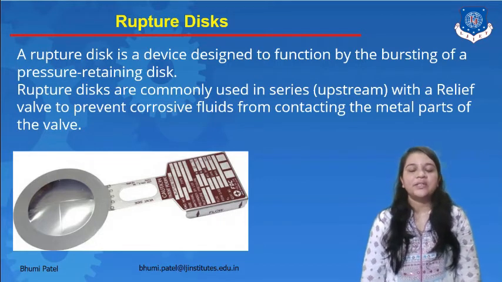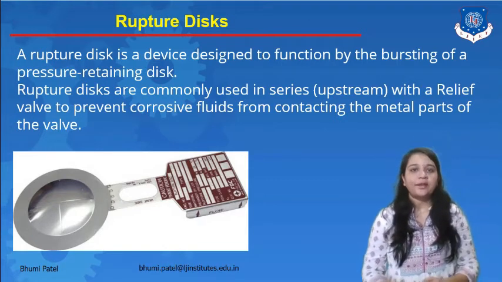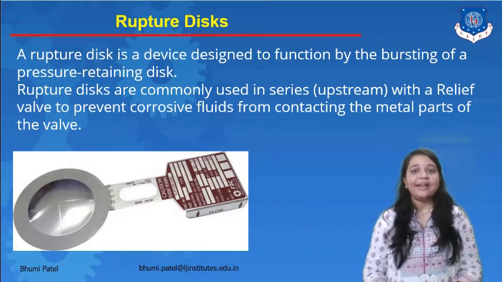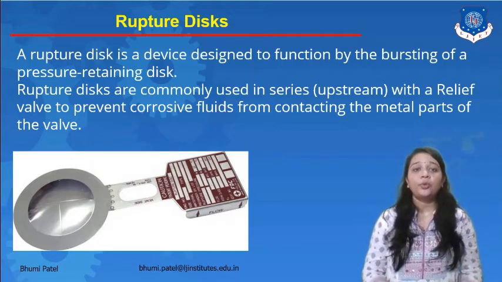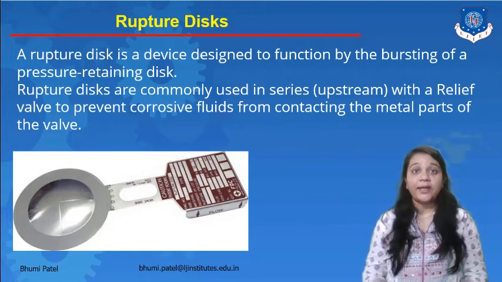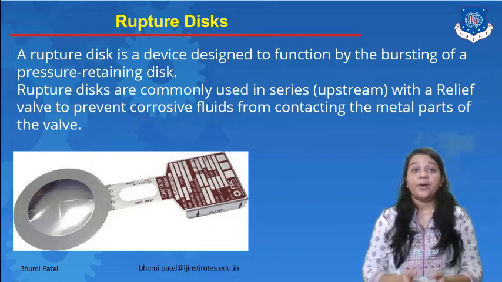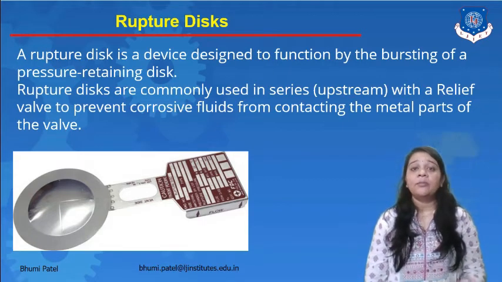Now, how do rupture discs work? The purpose of the rupture disc: it is a sensitive relief device designed to rupture at a predetermined pressure and temperature. It is a means of providing protection for personnel and equipment, and as I said, it must be a fail-safe device.